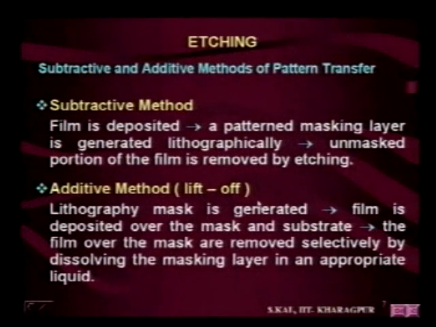The lithography mask is generated initially, and the film is deposited over the mask and substrate. The film over the mask is removed selectively by dissolving the mask layer in an appropriate liquid. The whole technique is also named the lift-off technique. In a nutshell, the steps can be written like this.